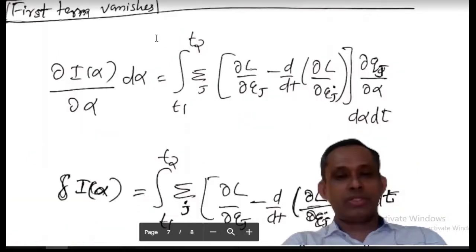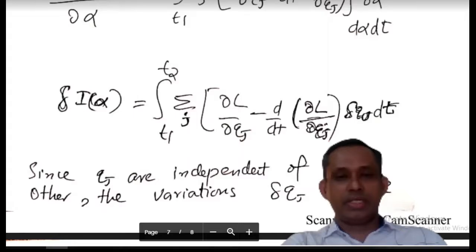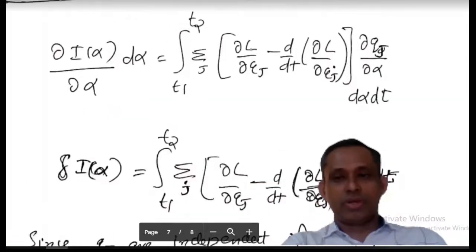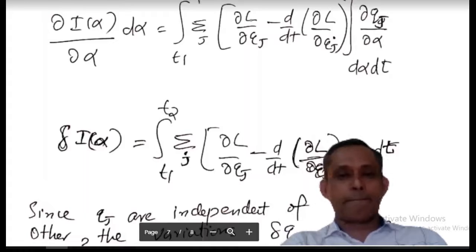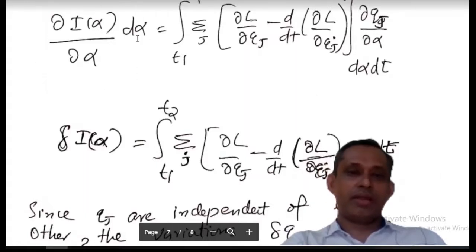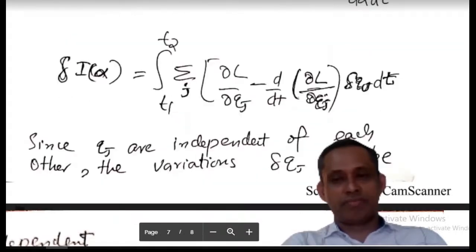So this is ∂I/∂α dα, and we write ∂qj/∂α dα as δqj.